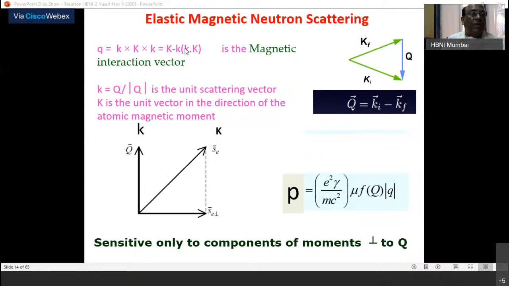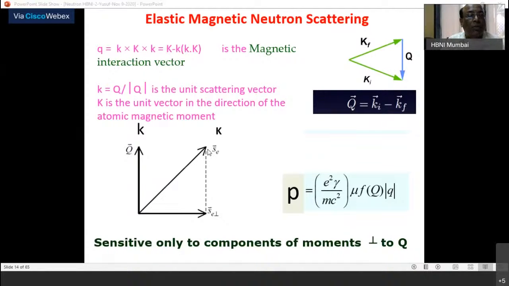You can do this little exercise. Probably we can give that, how to do it, how to get it. You will see that the moment component which is perpendicular to Q, that is the spin of the electron perpendicular to Q, or you can say the moment mu of the electron, meaning not a single electron, whatever the 3d orbital net total, or whatever the 4f orbital total, that is spin and orbital, total J, I mean.